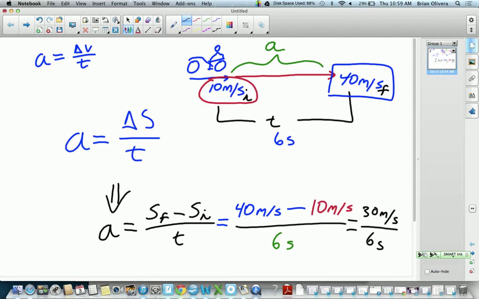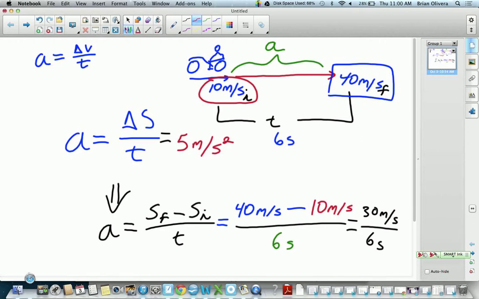So with that being the situation, 30 meters per second divided by 6 seconds is going to give me an acceleration of 5 meters per second squared.